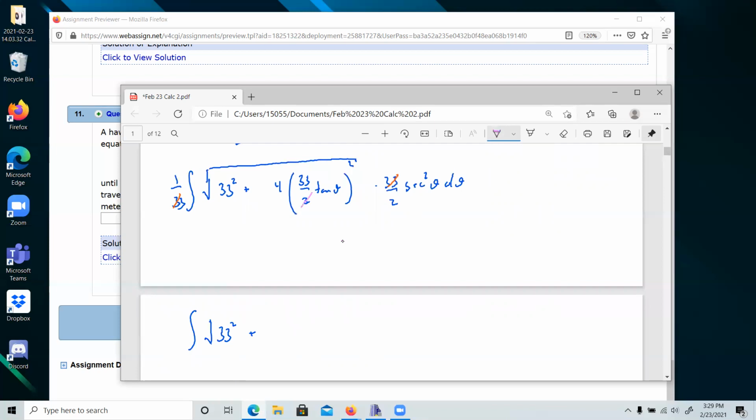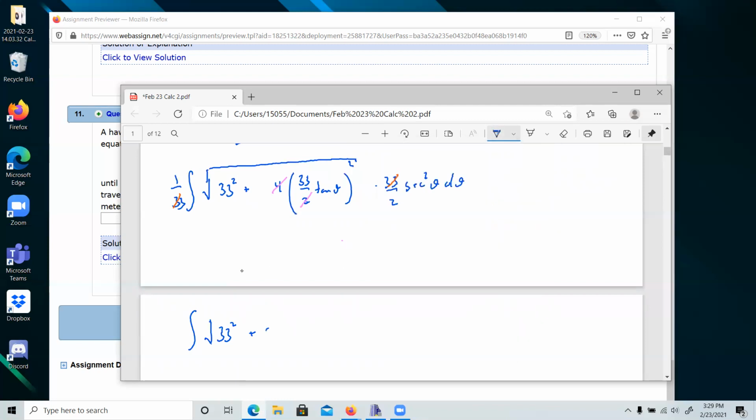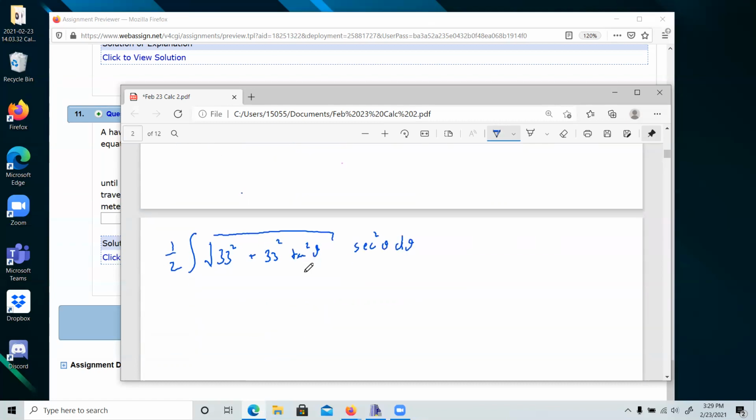This 2 squared and 4 will also cancel. So we're going to have plus 33 squared tangent squared, and then this is 1/2, 2 comes out front, secant squared theta d theta. All right, looking pretty good so far.